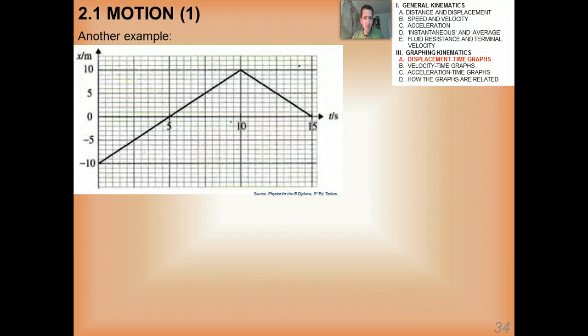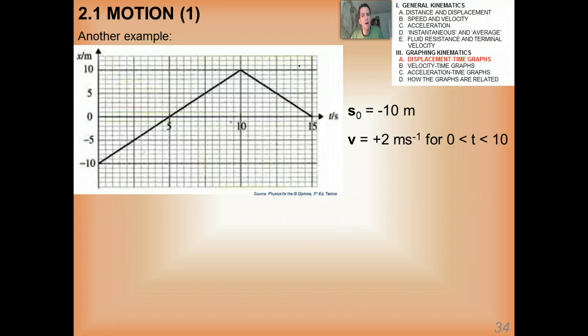Here's another example, which is more interesting because our displacement axis goes negative. In this particular case, the object starts with an initial displacement of negative 10 meters. Negative 10 meters is relative to some arbitrarily determined 0 point. So my s naught, my initial displacement, is negative 10.